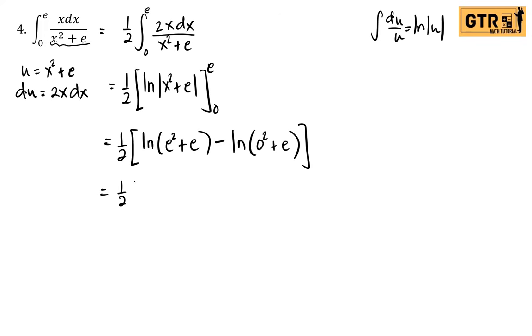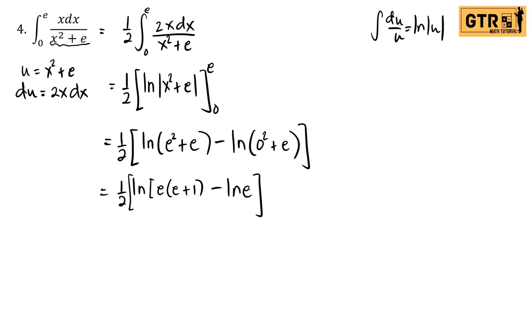We have 1/2 ln of, there's no way to add this, e squared plus e. We can factor out e, so we have e times e plus 1. And then minus ln of 0 squared, that is 0, so we have minus ln e.